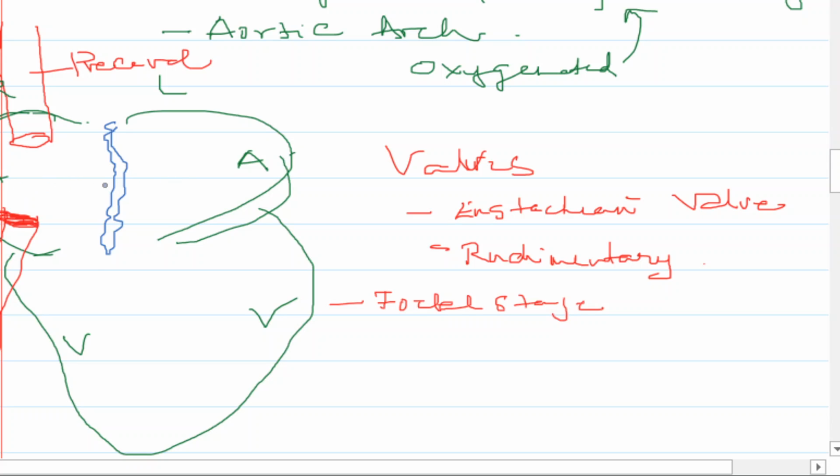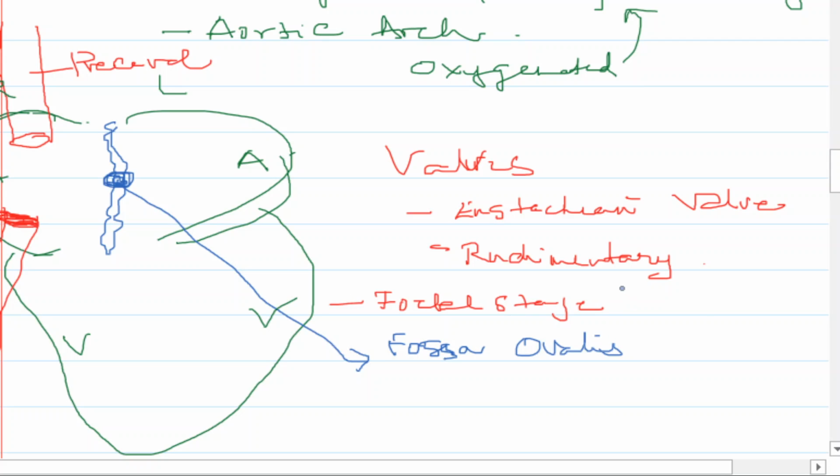Interauricular septum between these two. There is an opening here, which is called fossa ovalis.